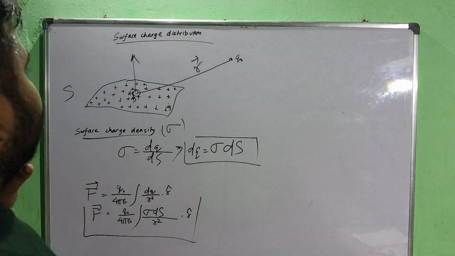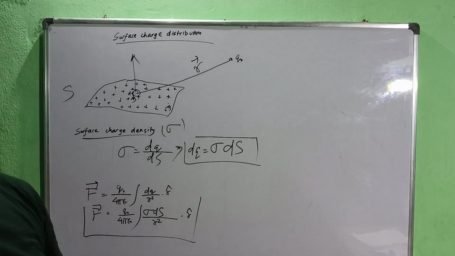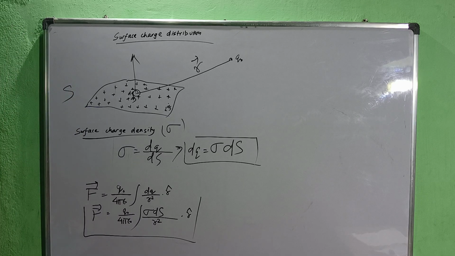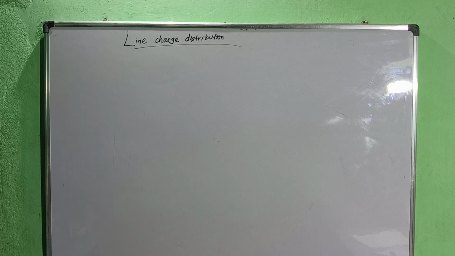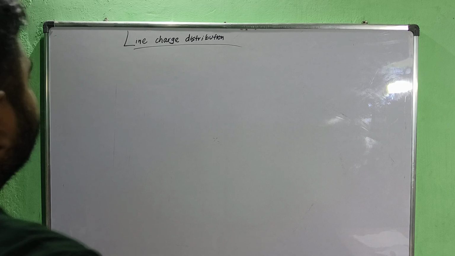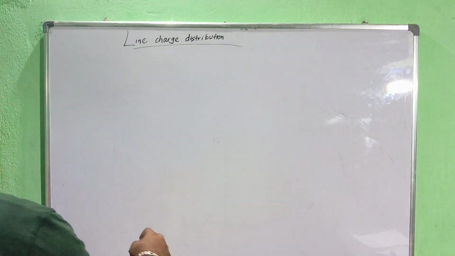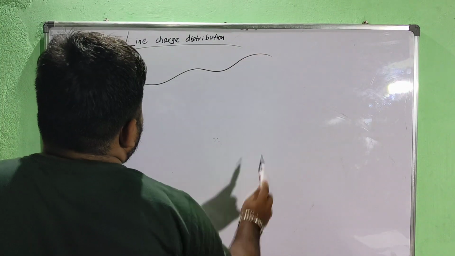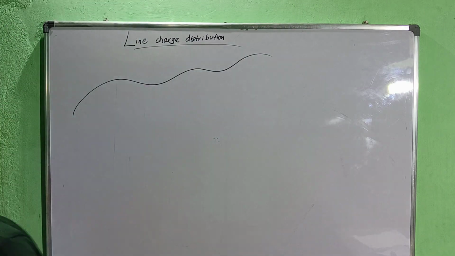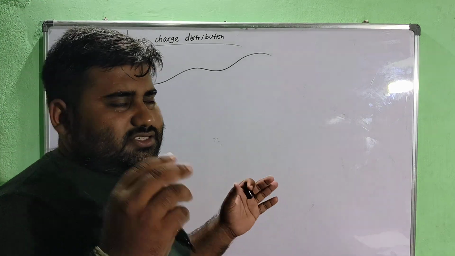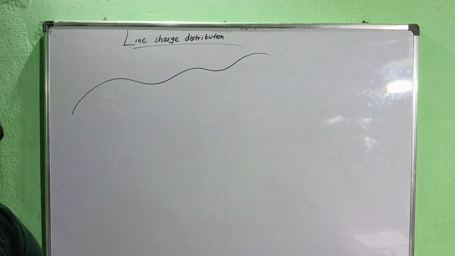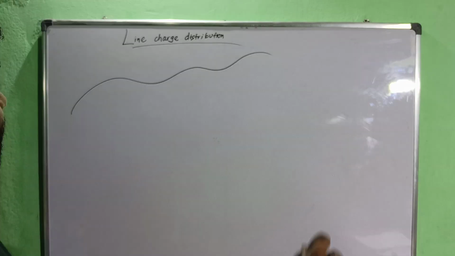Now let us come to line charge distribution, or linear charge distribution, whatever you want to say. Just consider a given line, extending up to infinity, or a line of some considerable length.